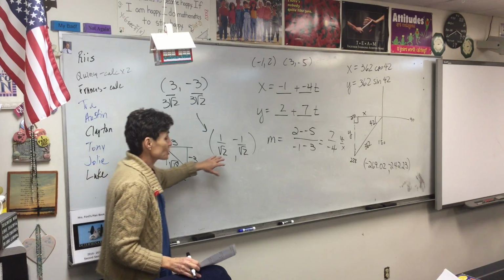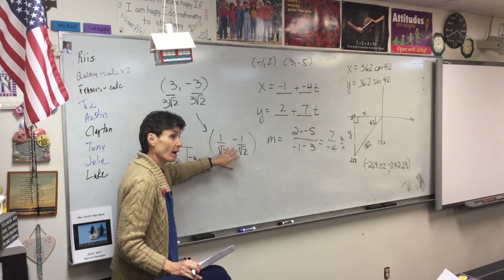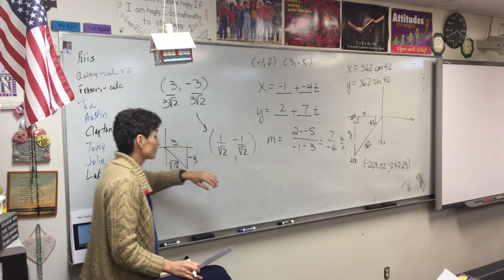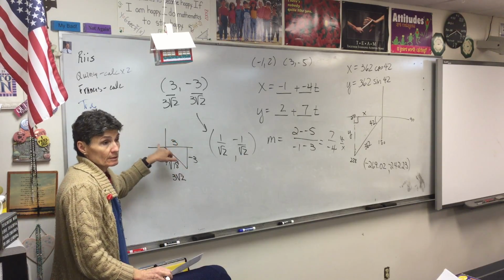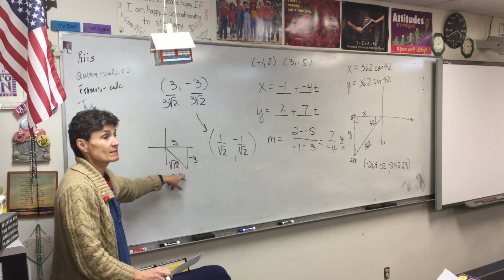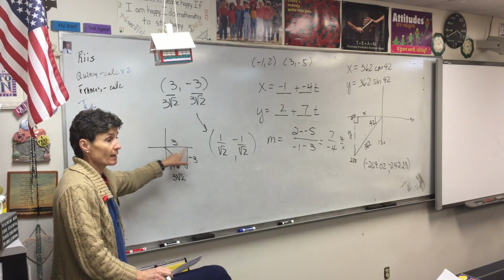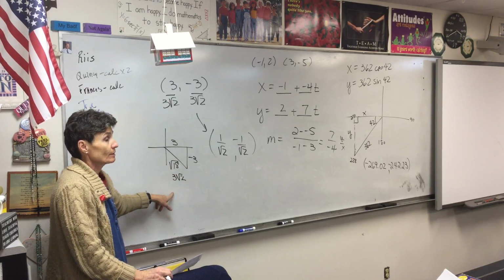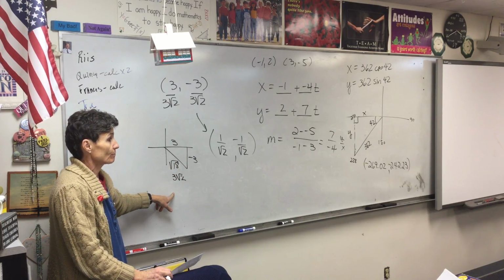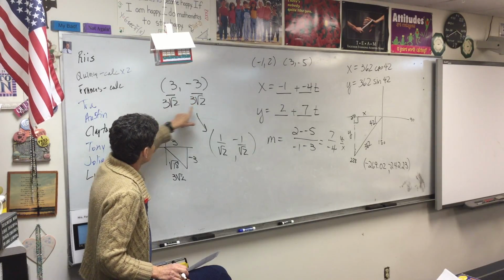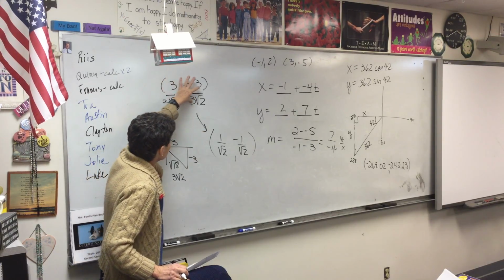Now, if you want to rationalize that, multiply top and bottom, you can, but you don't have to. You can leave it like this. So, to make something a unit vector, you need its magnitude. Magnitude is the Pythagorean theorem. 9 plus 9, 18. That reduces to 3 root 2. Divide each coordinate by the magnitude, and in this case we could cancel.